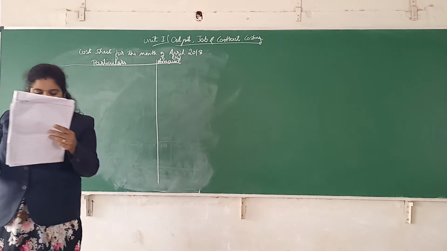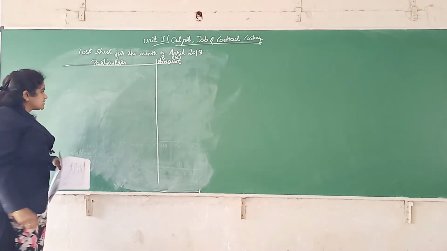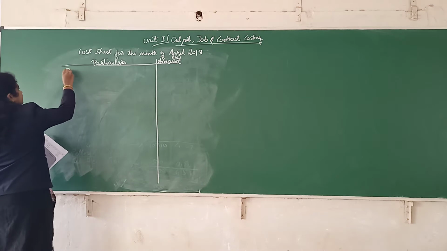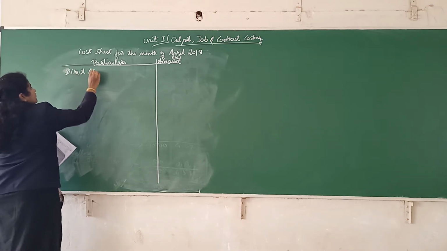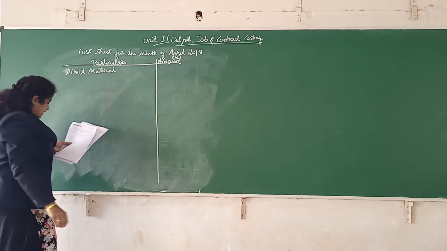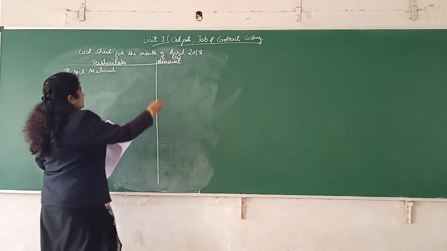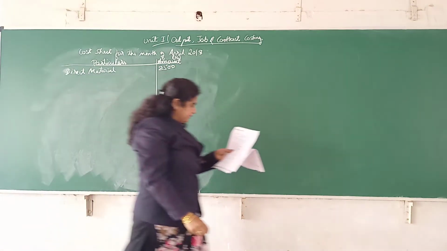Raw material consumed, that is direct material, is 8,500.